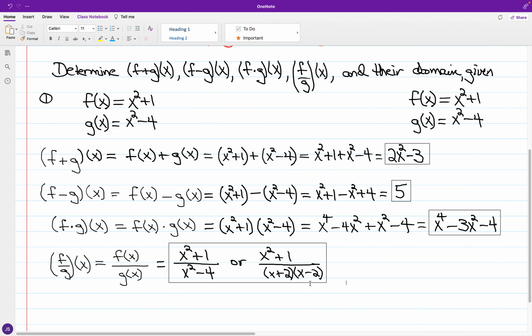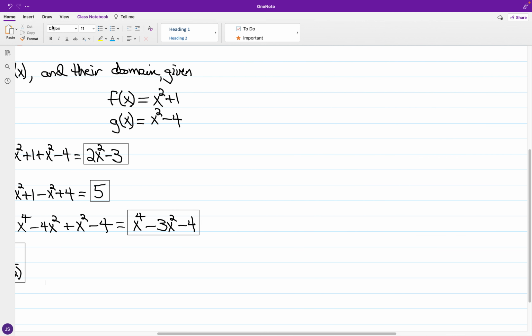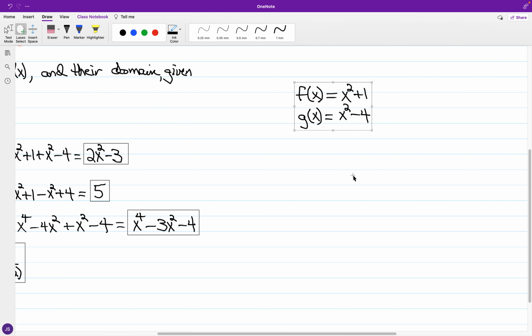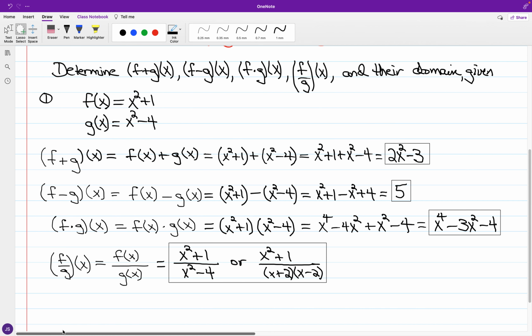Okay, so this is what we have for the outputs for the sum, difference, product, and quotient functions. Now, where we have domain to come to the scene, again, we have the sum, difference, and product functions to have the exact same domain.